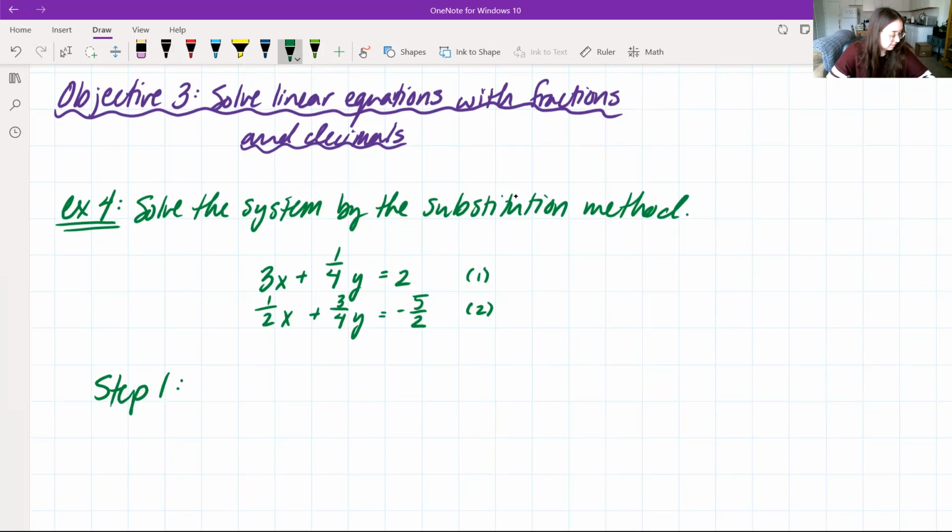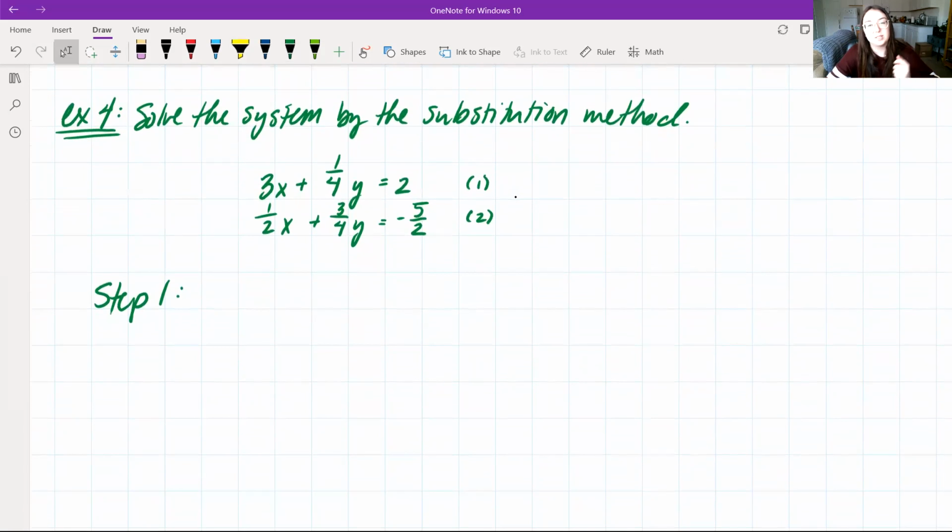So step 1, we want to solve for a variable. But in this case, we don't have any variables that just have 1 or -1 as our coefficient. So what we're actually going to do is we're going to create new equations. I'm going to bring that step down a little bit.